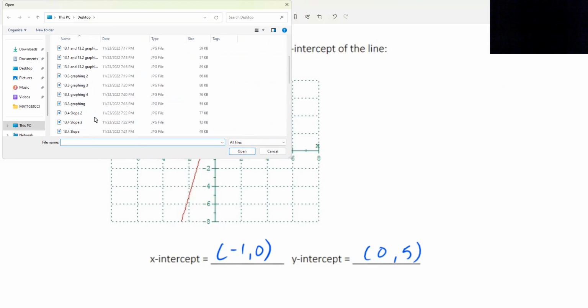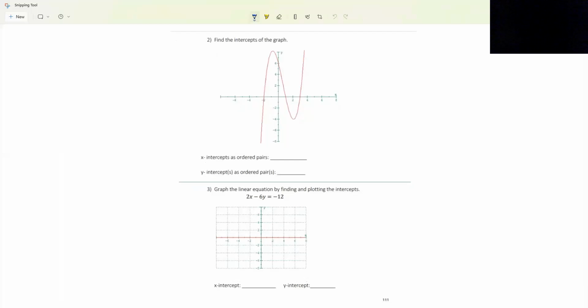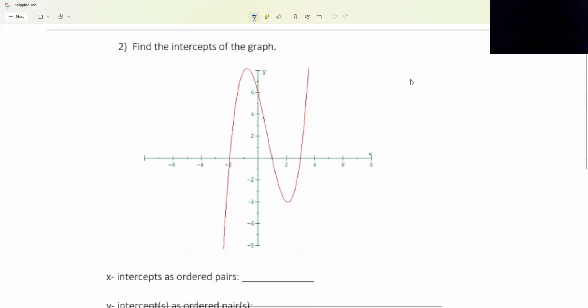So let's go to the second one. In this section, we're just going to deal with linear equations, like straight lines, but they throw this curve in here, and we're not going to do curves in this class.